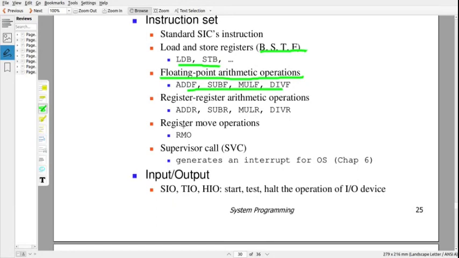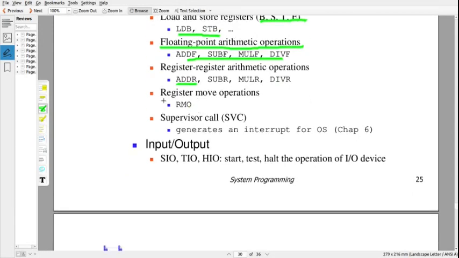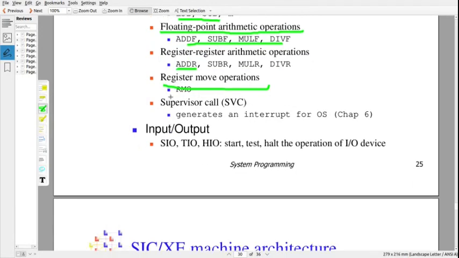Next, this SIC/XE machine supports register to register operations, which are represented by ADDR. ADDR means add register to register, and a special instruction is there, RMO, that is called register move operation. Okay, next one is the supervisor call instruction, SVC.